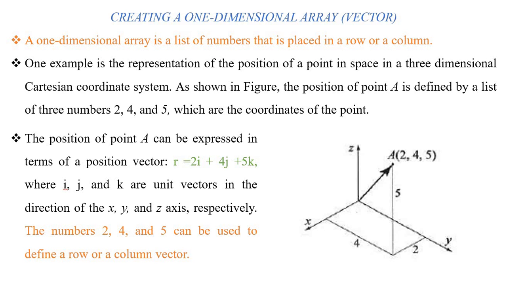So we know a vector. What is a vector? Any quantity having magnitude as well as direction. So now we are going to represent this point in vector form. That is, the position of a point A can be expressed as a position vector, that is r vector, equal to 2i plus 4j plus 5k, where i, j and k are unit vectors in the direction of x, y and z respectively.